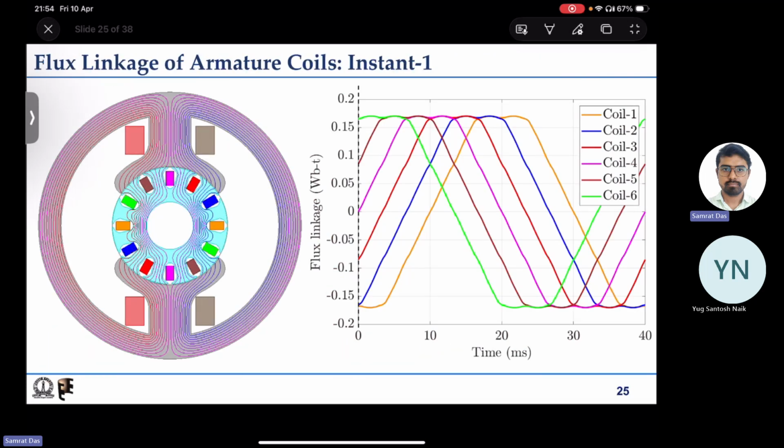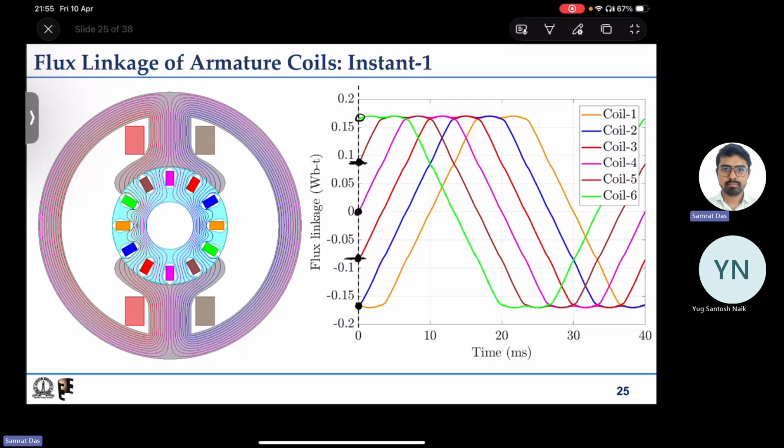If I stop at instant 1, you can see that the orange one and the blue one have almost the same flux linkage. The red one has reduced flux linkage. The pink one has zero flux linkage. The brown one has a positive flux linkage with the same magnitude as the red one, only the signs are opposite.